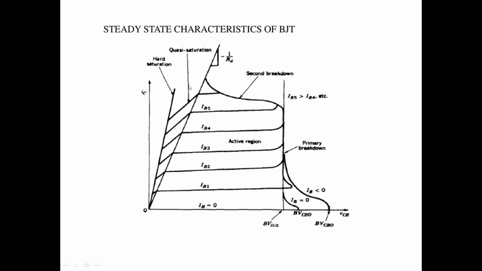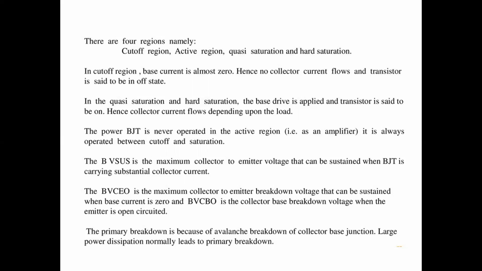This one is the ohmic region, this one is the saturation region, and this last one is the cutoff region. This BJT characteristic is almost the same as a transistor. So there are regions, namely cutoff region, active region, and saturation region. The saturation region is also divided in two parts: quasi saturation and hard saturation.